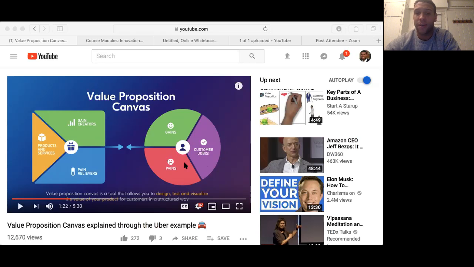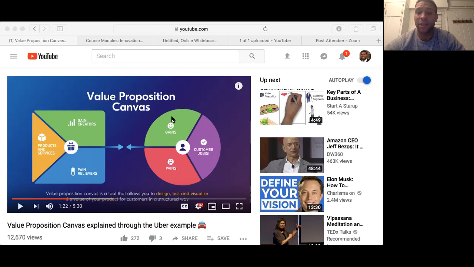In other cases, cars were expensive. They were tough to locate, etc. And when the customer envisioned what they wanted, they wanted an opportunity to easily locate transportation in these cars. They wanted them to be affordable. They wanted them to be eco-friendly.